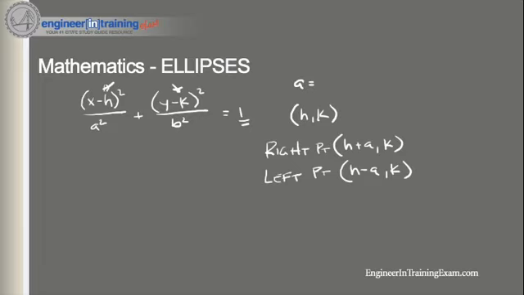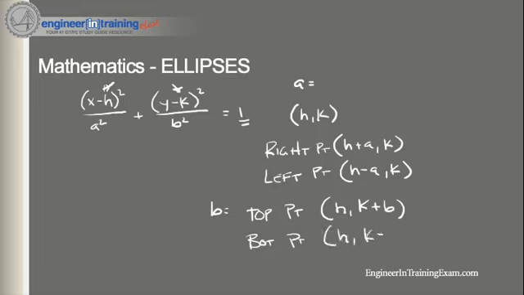Now the b term, on the other hand, is the square root of the term that is below the y term in the general equation, and the b term represents how much the ellipse stretches in the up and down direction. Once again, if we're given (h, k) as the center, then the topmost point is going to be (h, k plus b), and the bottommost point is going to be (h, k minus b).